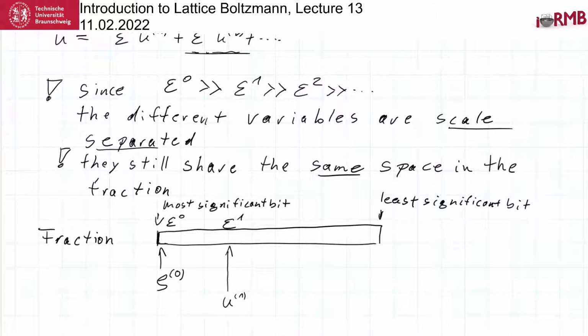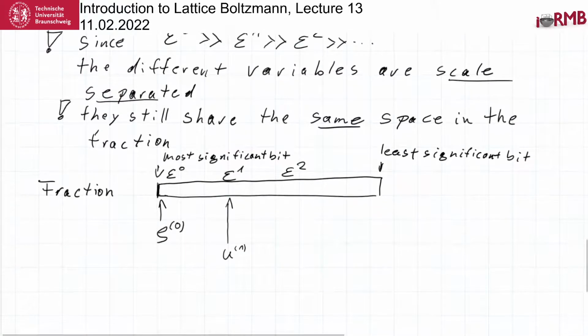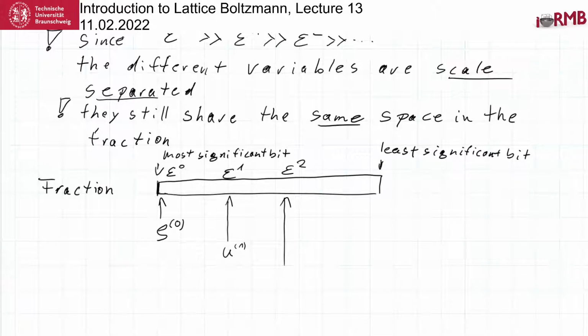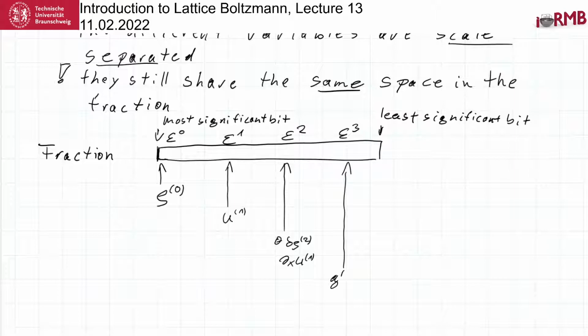And then further still comes epsilon square, and things that come as epsilon square would be, for example, the pressure, as we just said. But it would also be something like the gradient in velocity. So these things are also of second order, so they come here. And then there are also things that come to the third order, and most of these are ghost moments.